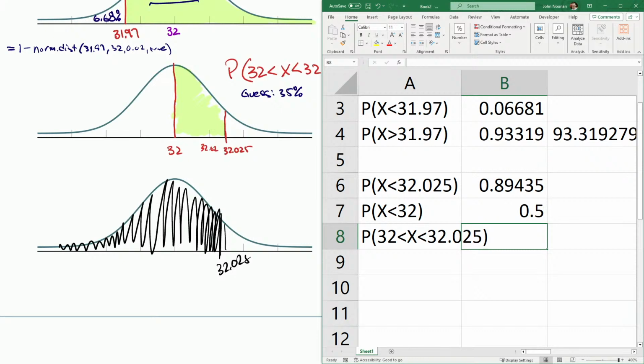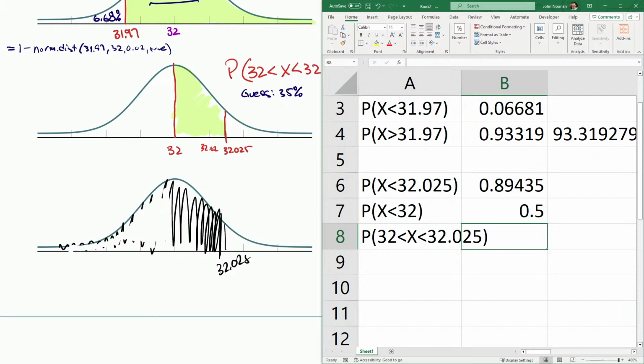Okay, so the 50%, if we take all of this and then subtract off this, essentially we would be getting rid of all of this stuff over here to the left. So that's my strategy: I'm going to start with the 32.025, that 89%, and then subtract off the stuff I don't want.